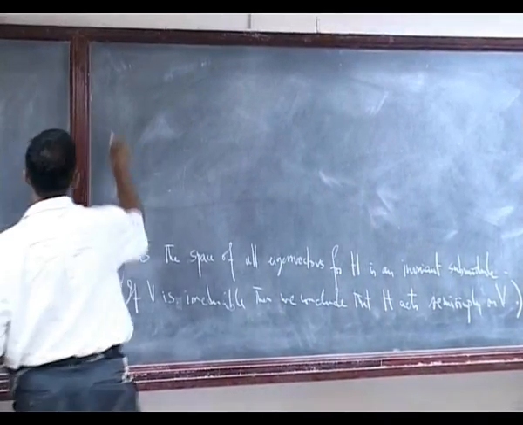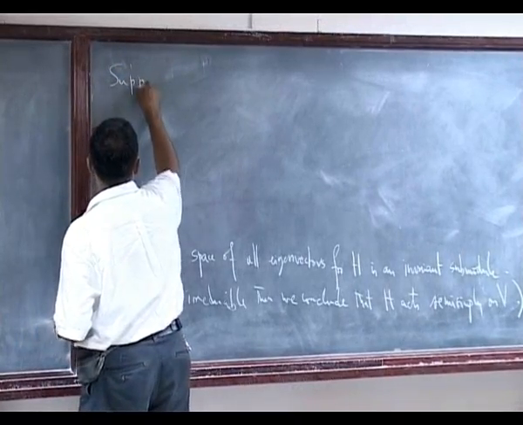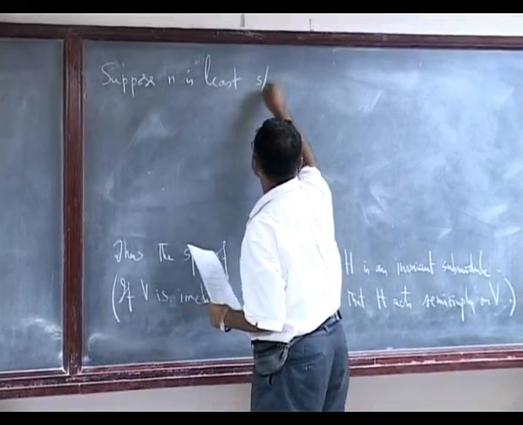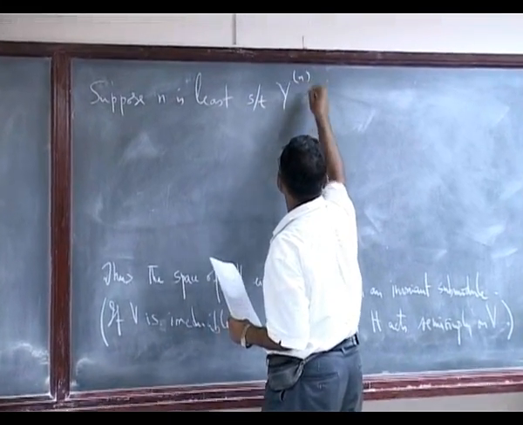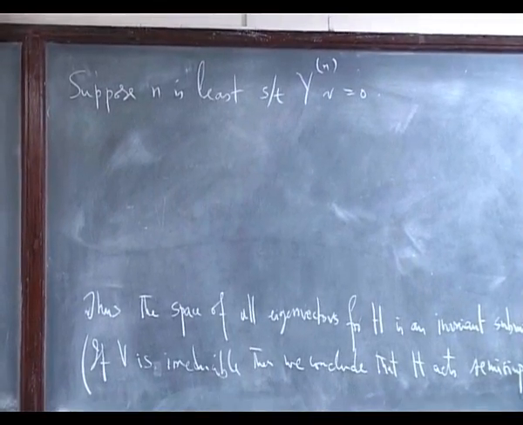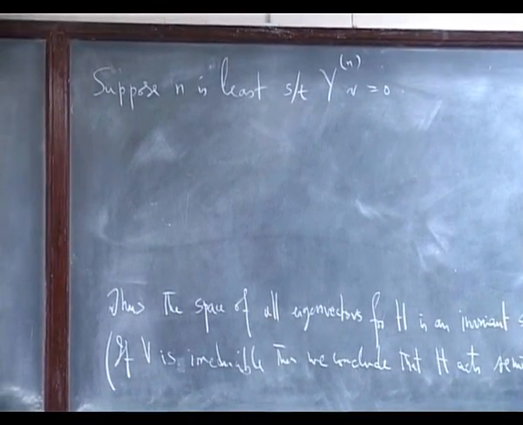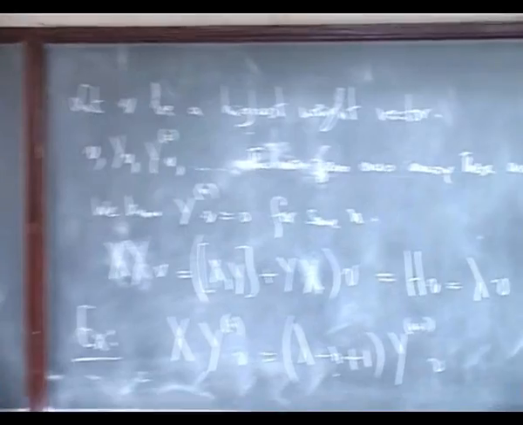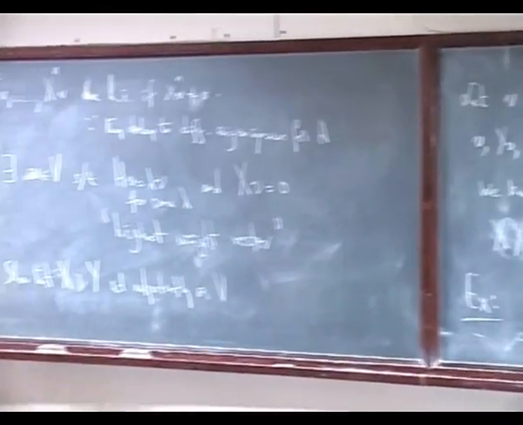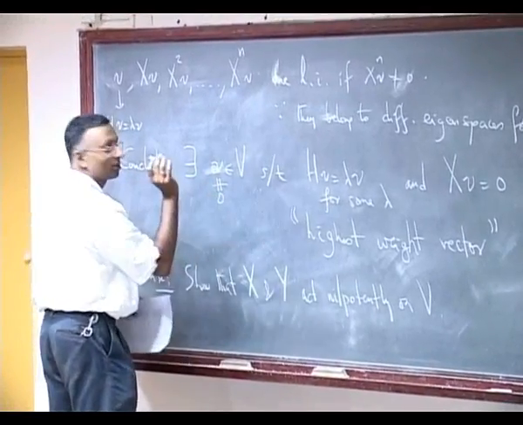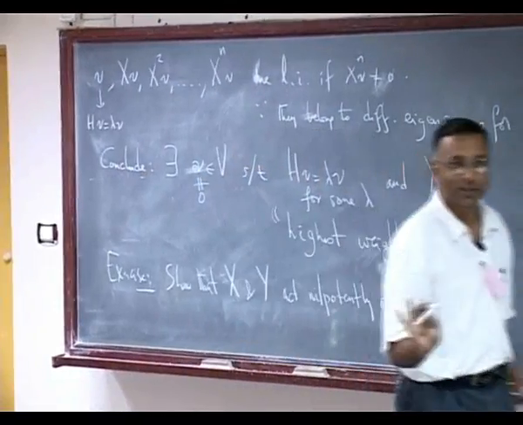So suppose n is least such that y to the n v equals 0. I know such an n exists, right? So I should say something else. I am assuming v is non-zero and the highest weight vector is non-zero.